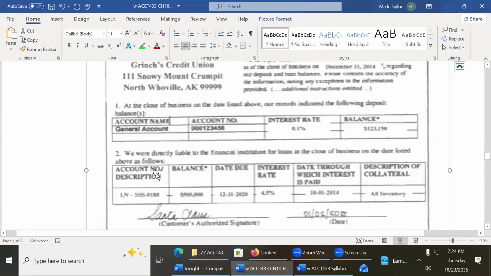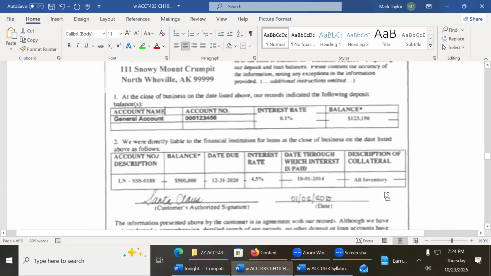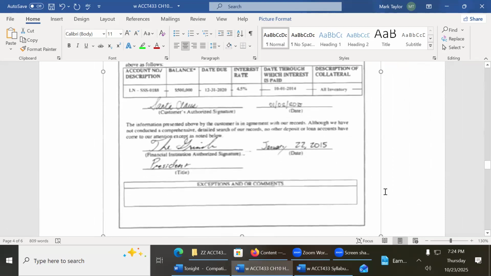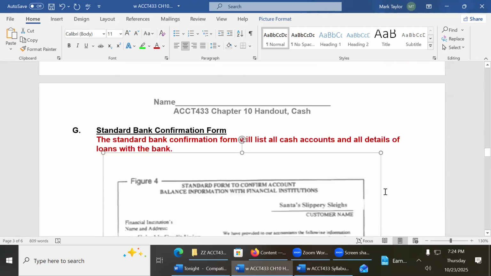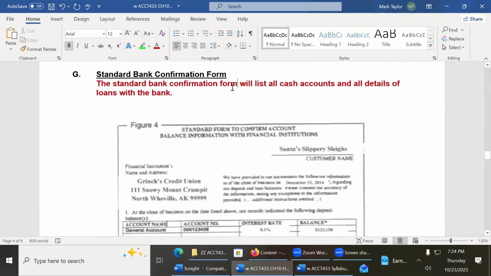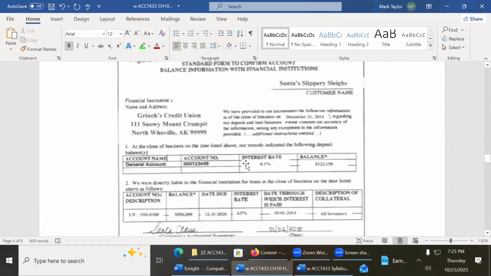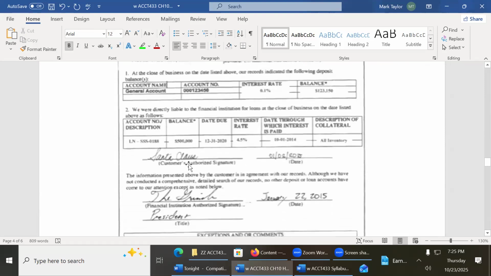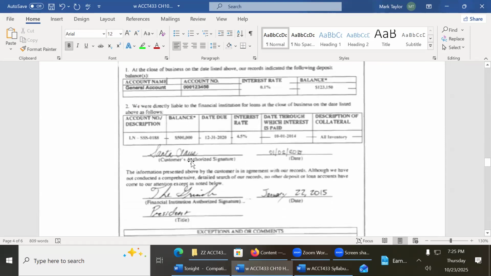The bank will show what the loan is. It'll show the rate of the loan. It'll show if there's any collateral for the loan. And so this is what a standard bank confirmation form will do. Now, it's not like a regular bank statement in that they don't have all the transactions. It'll just be what is in the cash account at the end of the year.